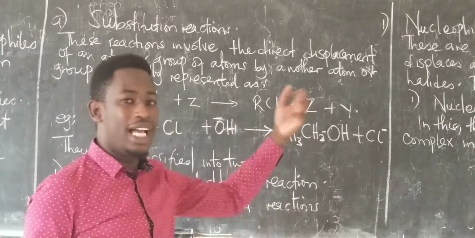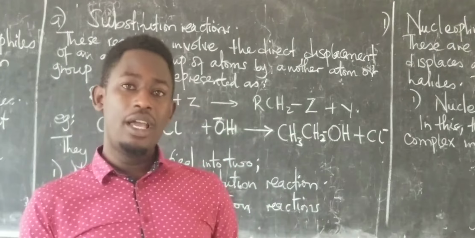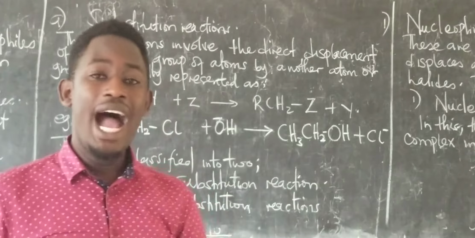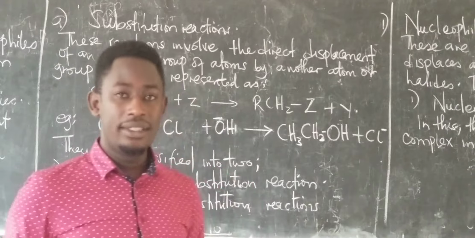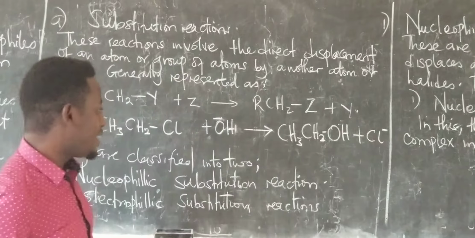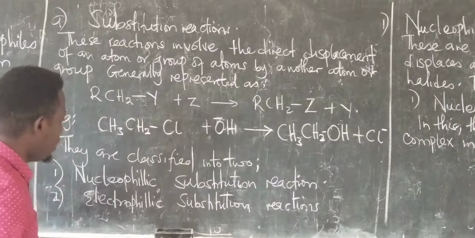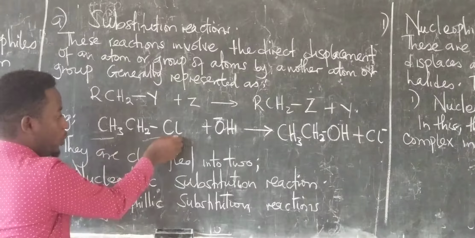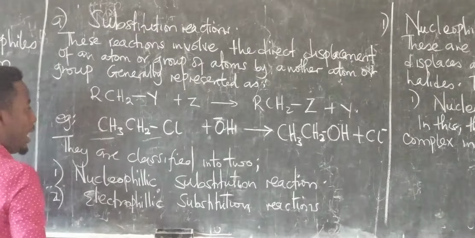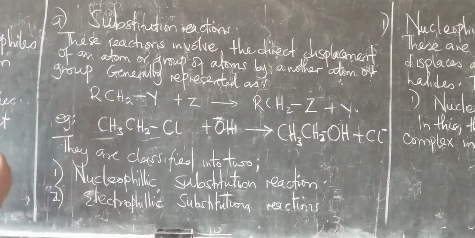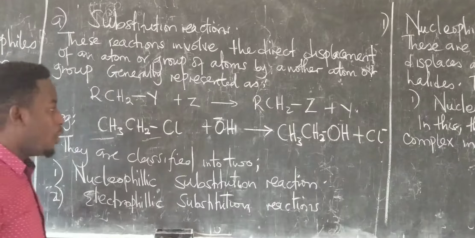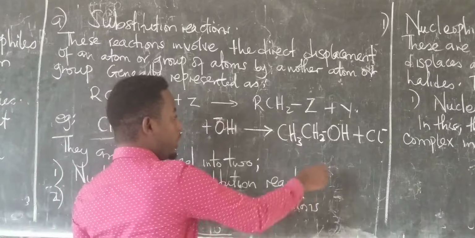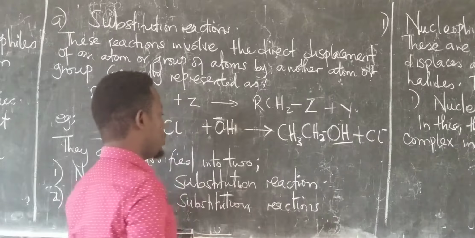And these reactions are so common, especially in alcohols and in alkyl halides. At this level, you must know that alkyl halides are an alkyl group with a halide. The halide can be Cl, it can be Br. And then an alcohol is the alkyl group with an OH group.